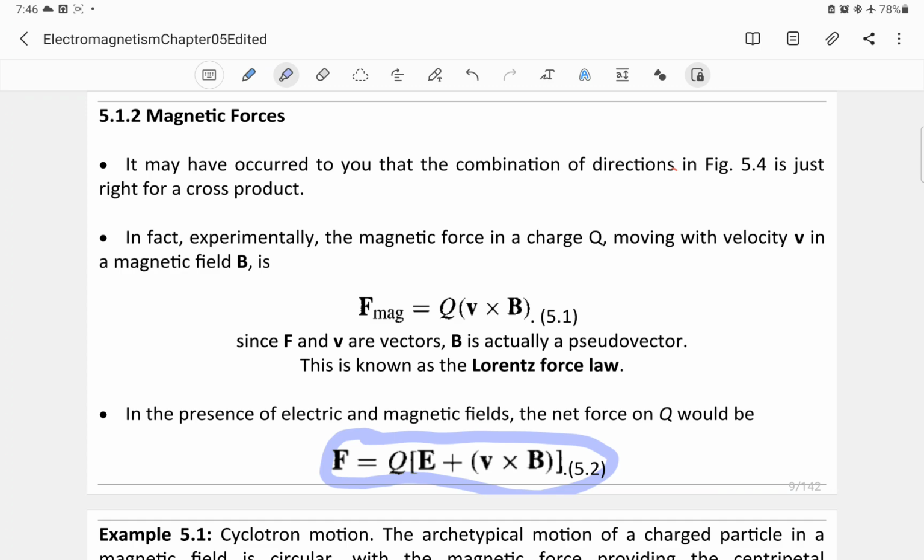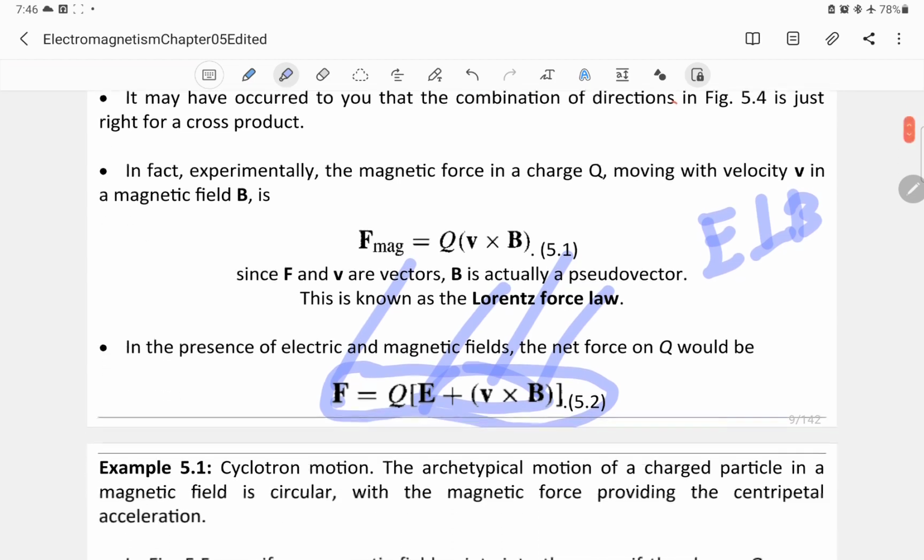So in this case, you have E in the same direction as your F, V is perpendicular to F, and B is also perpendicular to F. So therefore, E and B should be perpendicular to each other.